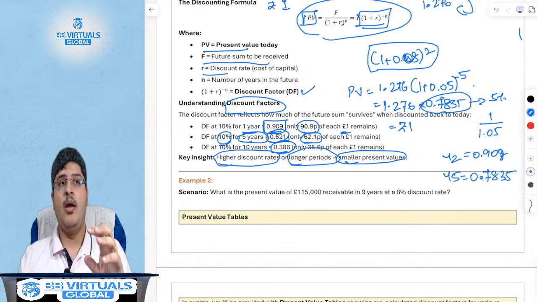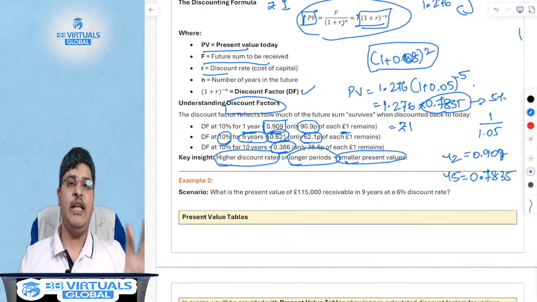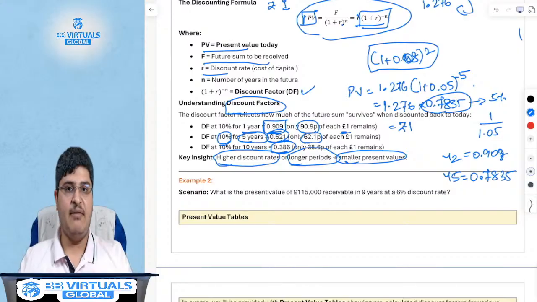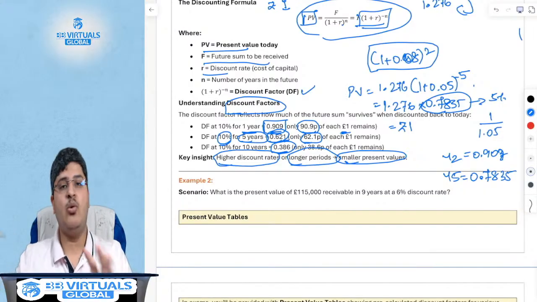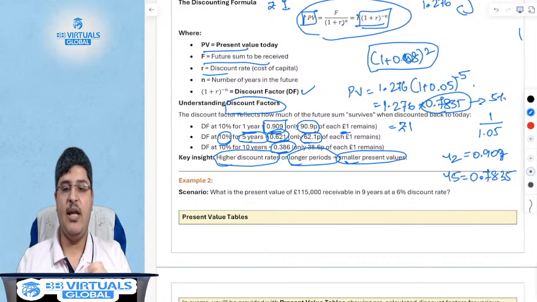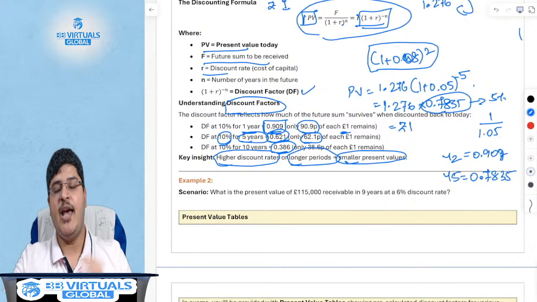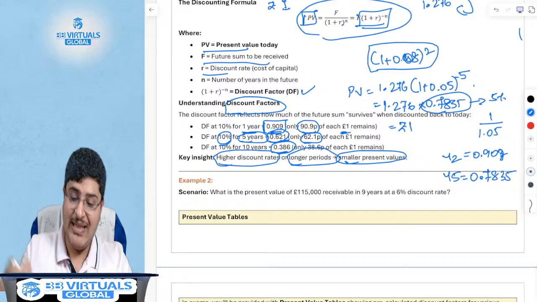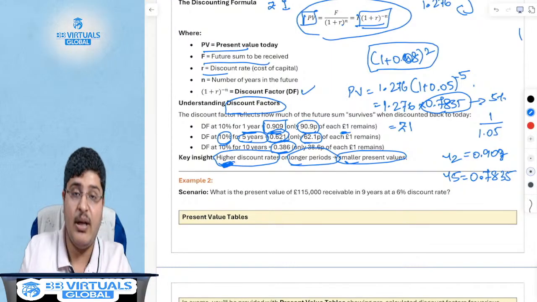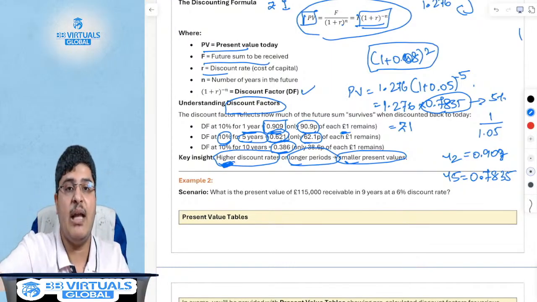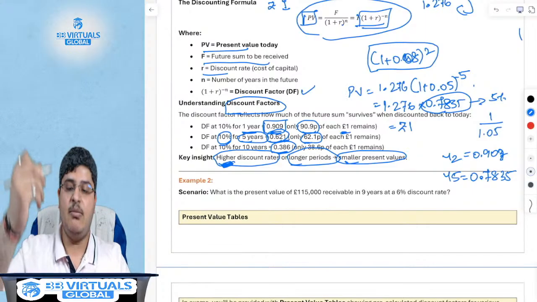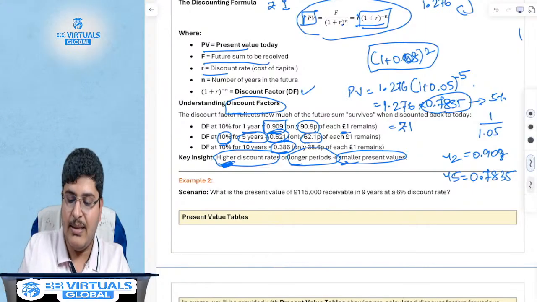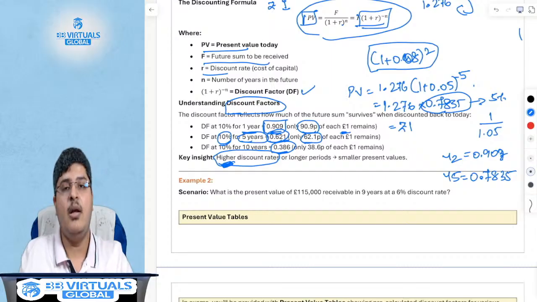If you were to choose between an FD, where the bank is giving you 7%, and a mutual fund which is giving you 12%, and I was to ask you, if you invest 1 lakh rupee today, in 5 years from now, what investment will give you a higher amount of money? I'm sure all of you will say the 12% mutual fund, which is the higher discount rate, will give me a higher future value. If it is a higher future value, it means a lower present value. You will have to invest a lower amount today.